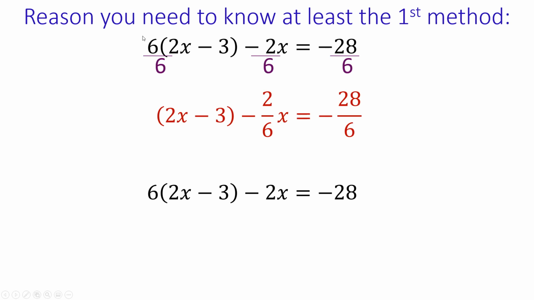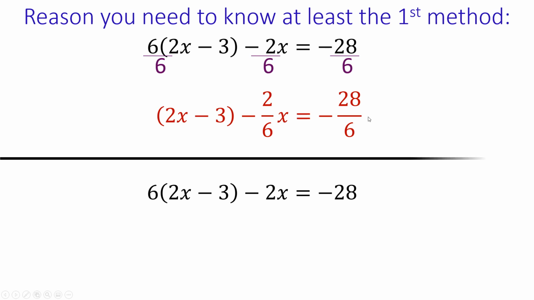And so what's going to happen is this one will cancel out. You're going to get 2x minus 3. Could have removed the parentheses. They can also stay. This is going to become 2 divided by 6, which is 1/3, but still a fraction. And then you're going to get negative 28 over 6. So you're noticing you're going to be dealing with fractions. You can still solve it. It's just things tend to get a little messier and there's more room for mistakes.